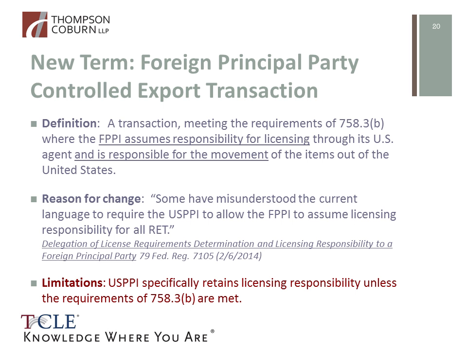So now they've tied in two elements of the routed export transaction, if you will. A new term, the foreign principal party controlled export transaction, as opposed to the routed export transaction. And the buyer then is specifically taking on the licensing responsibility and the movement responsibility.